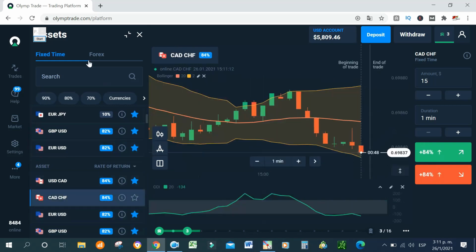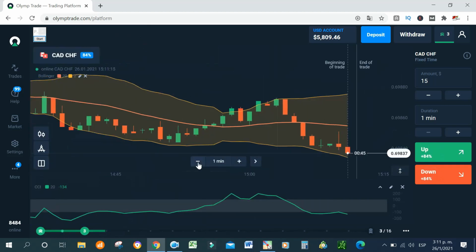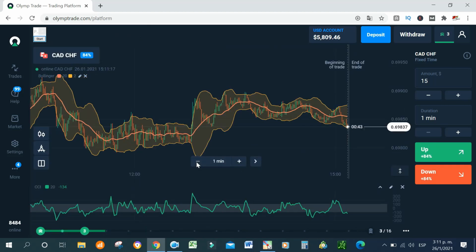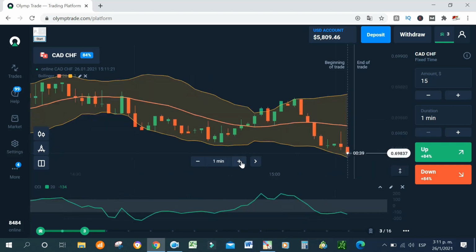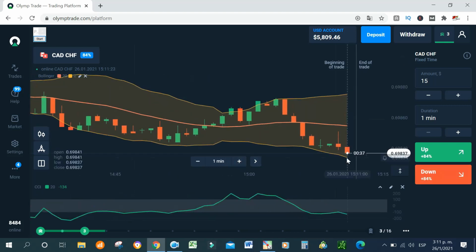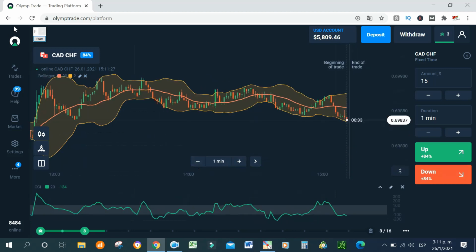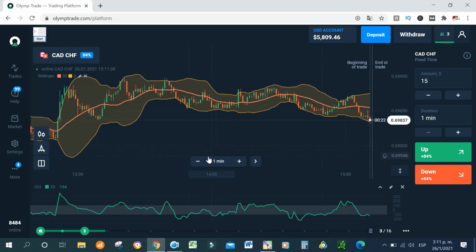Let me see it again. All right. Let's stay here. Let's wait for the price to give us a signal. This is a very good signal. So as I told you, we will wait until this candlestick closes, and we will see.